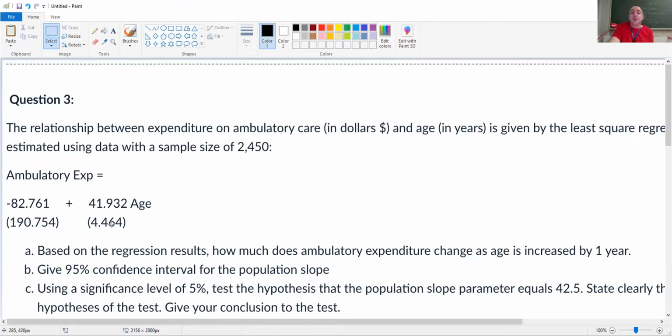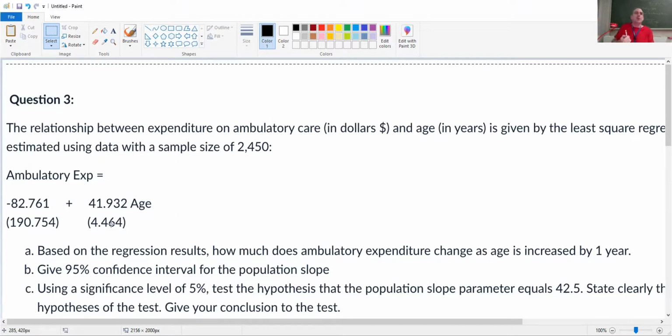So this problem is about the relationship between these two numerical variables. And the ultimate question here is, how are they related? Which isn't either of those questions I had before. The ones I had before are what is this number and a yes or no question. There's a bigger question you can ask, which is how are these things related?